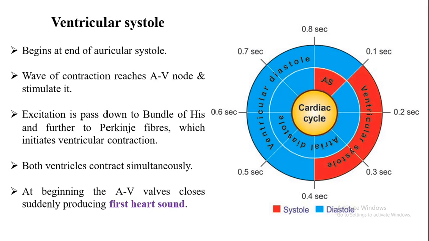The sudden closing of tricuspid and bicuspid valve creates the first heart sound, which is referred to as lub, L-U-B, lub. This first heart sound is heard due to closing of the tricuspid and bicuspid valve.